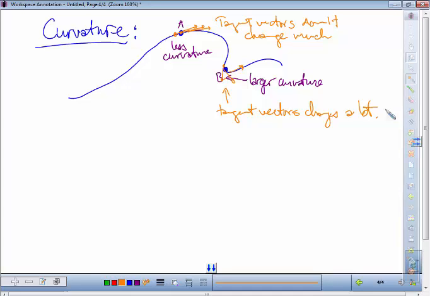And so if we take a look at this from a unit tangent point of view, the unit tangent vectors are always going to have length 1, so that kind of takes the idea of the length of the vector out of the picture, and we're just focused on the direction, right?